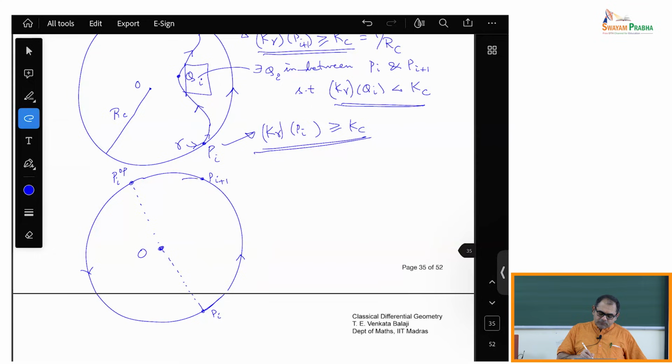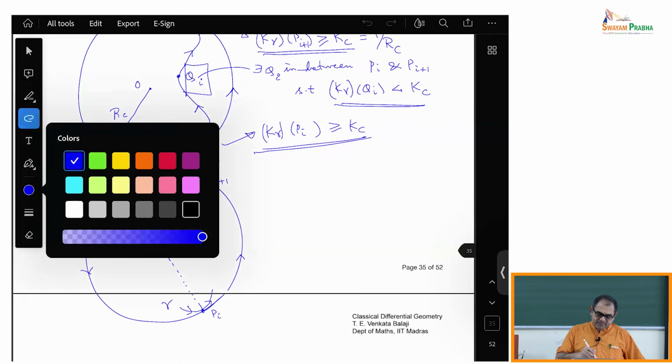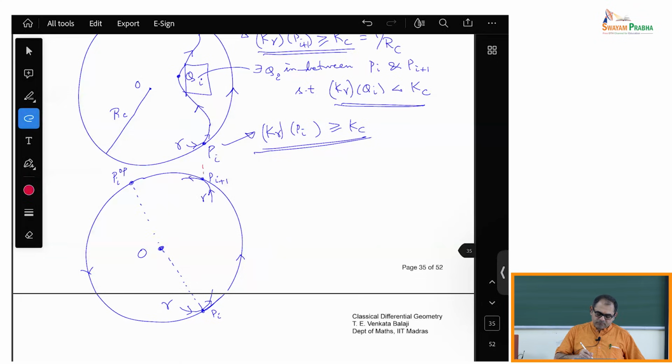So you see, you have the curve. You can picture the curve like this. So this is your gamma here, entering, touching at pi plus 1 and then leaving. And then I can also picture a portion of gamma like this here, entering and touching at pi and then leaving. Okay. Now, what I want to consider is this chord.